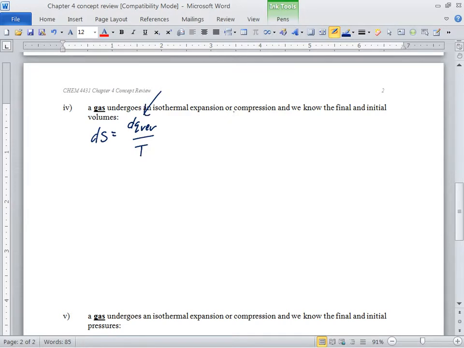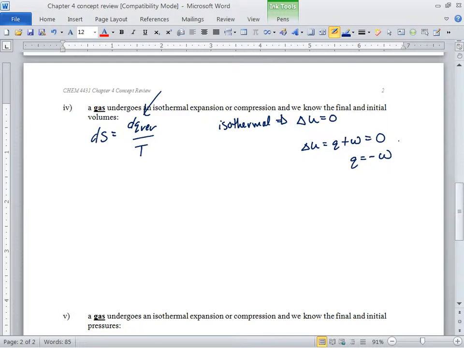And the reason why I would go after U is because you know that U is what plus what? Q and W. And there's our Q. So maybe we can get it out of this. Right? So if it's isothermal, delta U is 0. And then, Kelly, we know delta U was what plus what again? Q plus W. So that has to be 0. So my Q is going to be negative W.